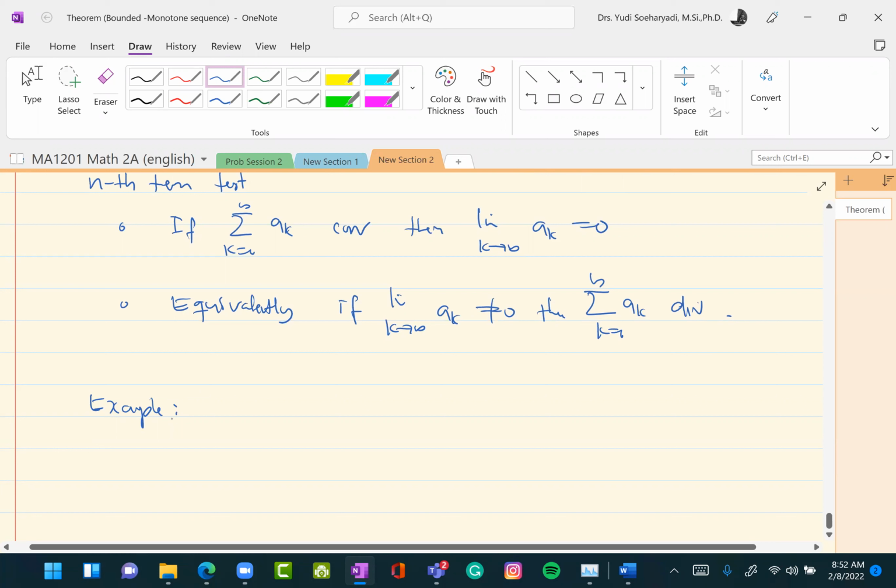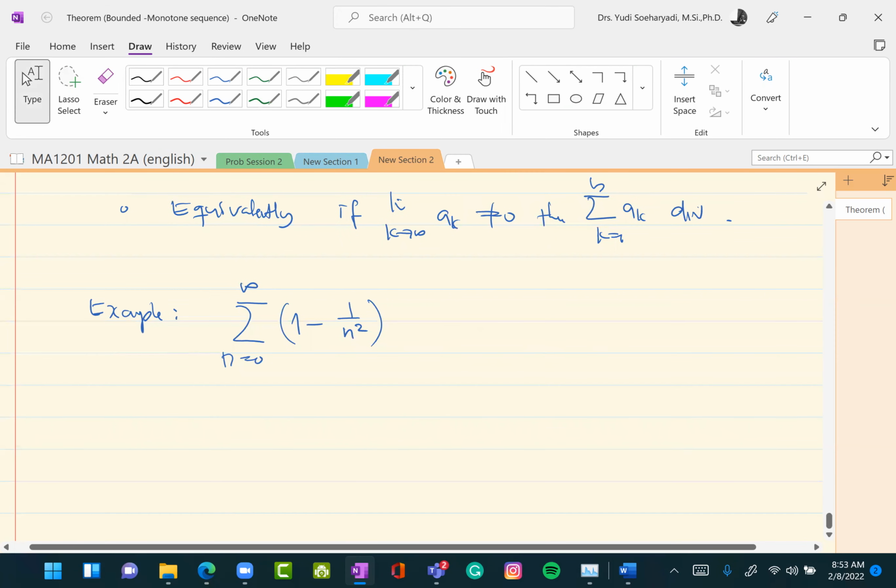I think this one. Yeah, looks like this one. Okay, so this is our an in this case. All right, but you see that the limit of an is just this limit.